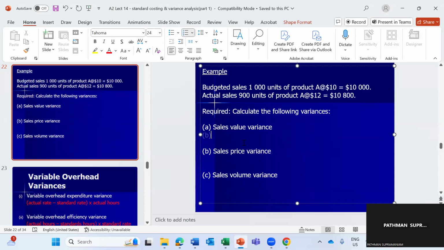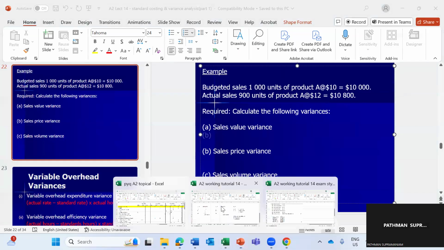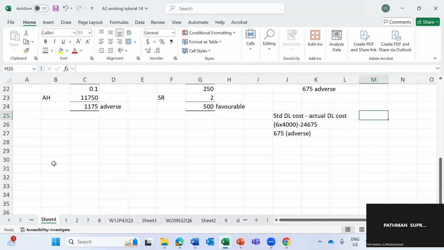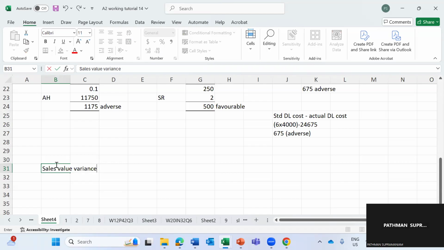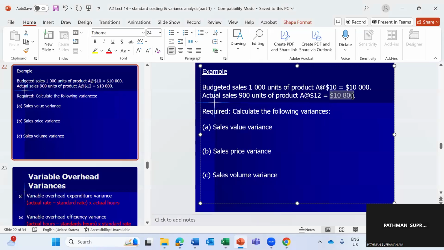So the sales value variance would be 10,800 minus 10,000.